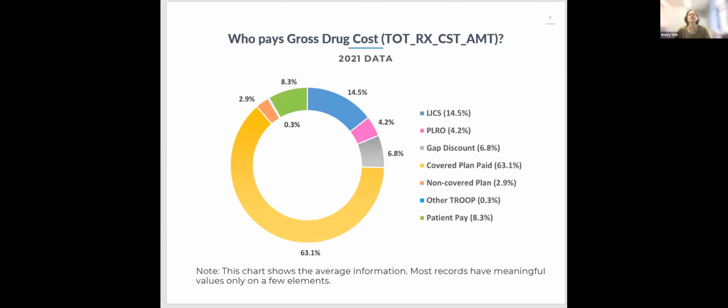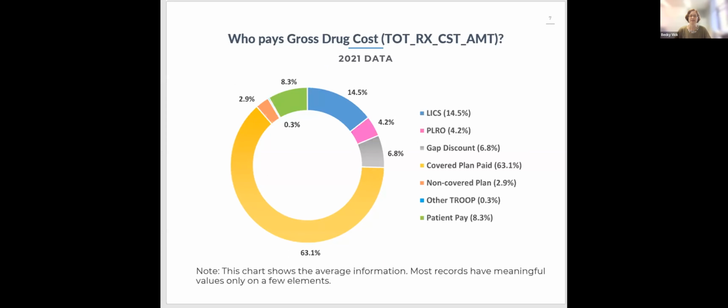So who is paying for the gross drug cost? This slide gives you an overall picture, breaking out the percentages of the payment streams that are covering these drug costs.